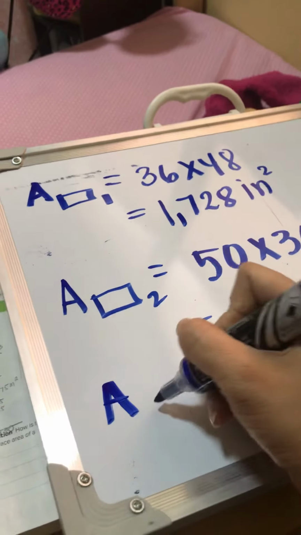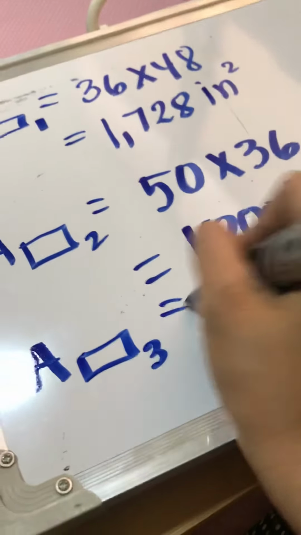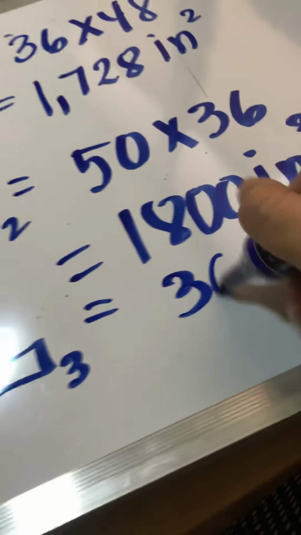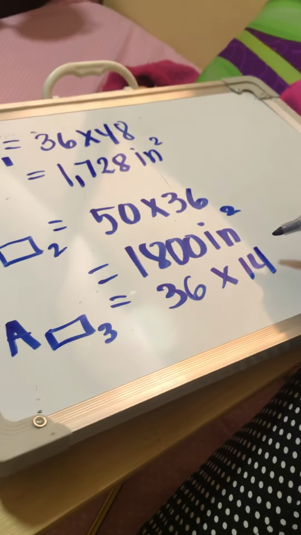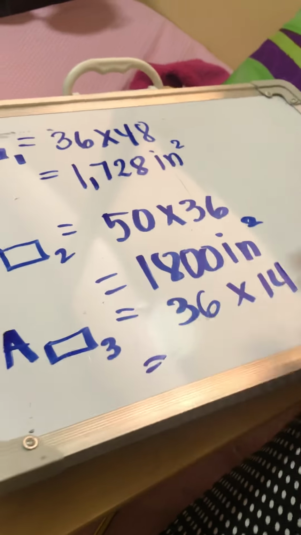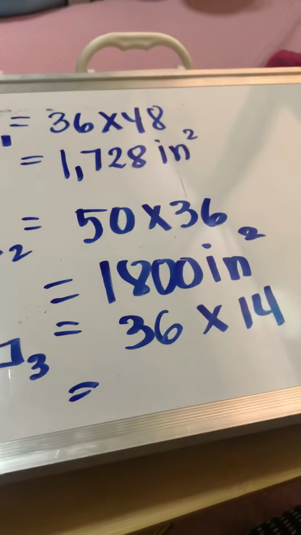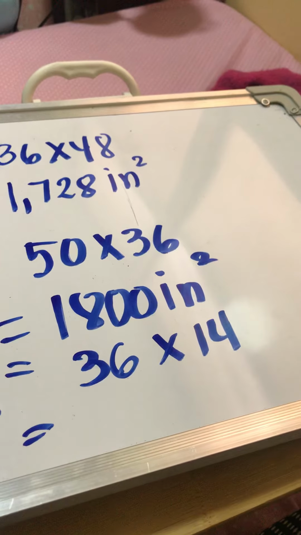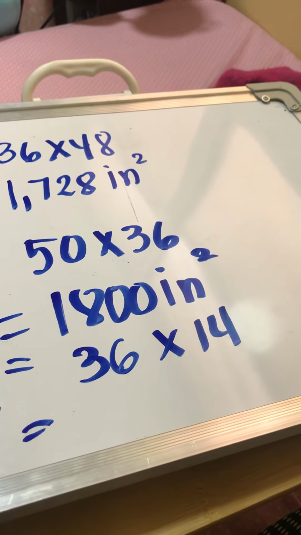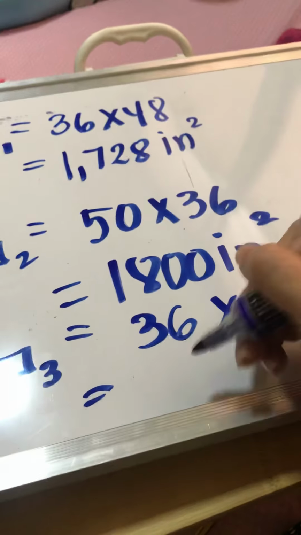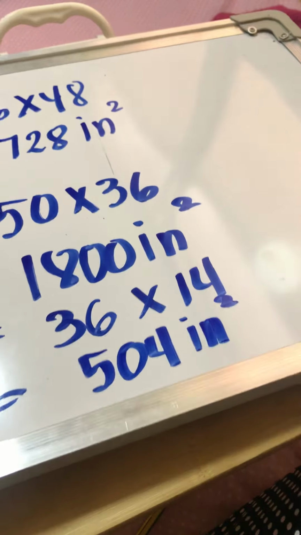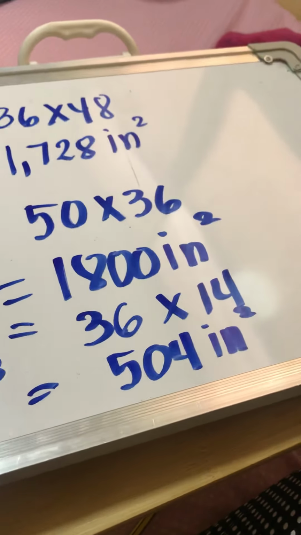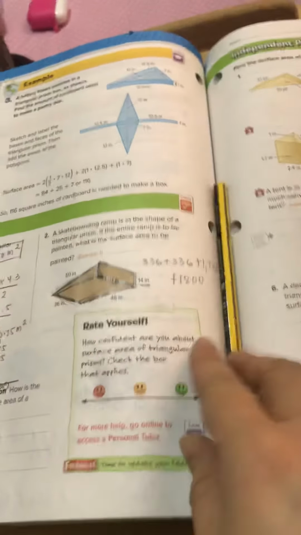Area of the third rectangle equals 36 multiplied by 14. 36 times 14 will give us how many? Please multiply it. It will give us 504 inches square. We will write it also there so that we can add everything.